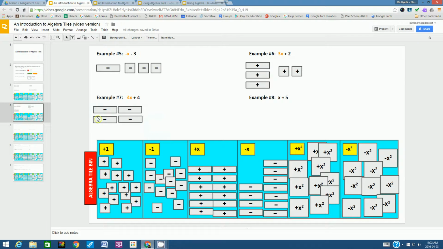So I've got my 4 negative x tiles here, and then I've just got positive 4 left.